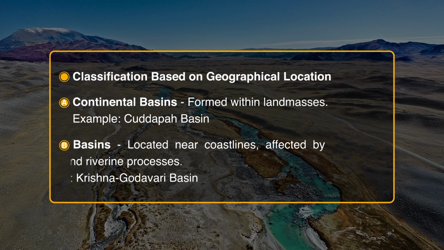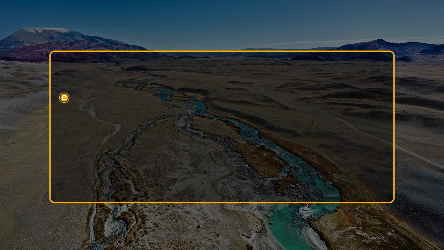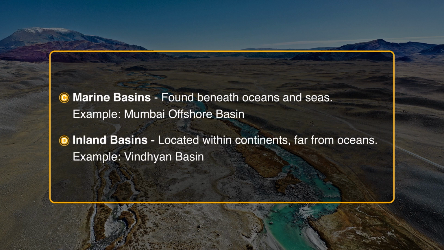It is also classified as coastal basins, which are located near the coastlines and which are affected by marine and riverine processes. Then there is the marine basin, which is found beneath the oceans and the seas. Then the inland basins, which are located within the continents far from the oceans. So, these are some classes based on geographical locations.